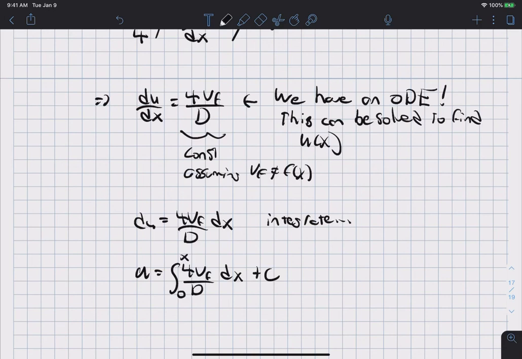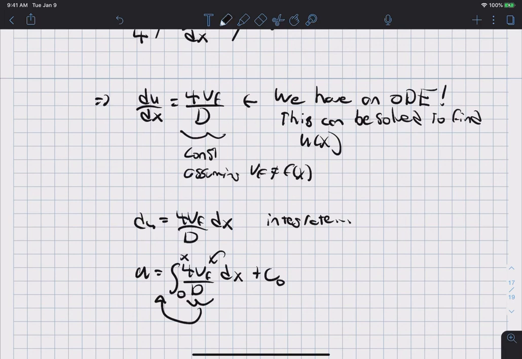Okay, and for this problem, these are just constants, but in industry, vf may be a function of x, and you will actually have to integrate it. Or if this ODE is too challenging to solve by hand, you may have to use something like MATLAB to solve those ODEs for you.